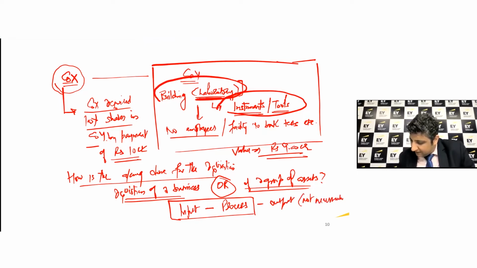It may be there, but it is not necessary. So we'll probably exclude it from our conversation. When I talk about the input and the process, we try to establish whether both the processes as well as the inputs exist as far as company Y is concerned.